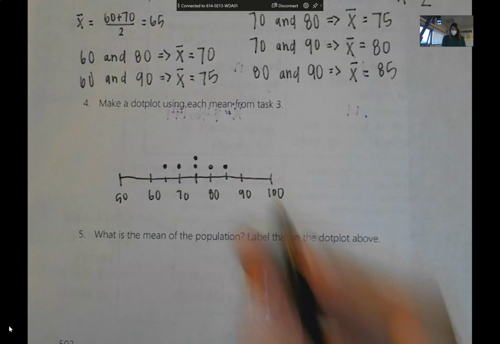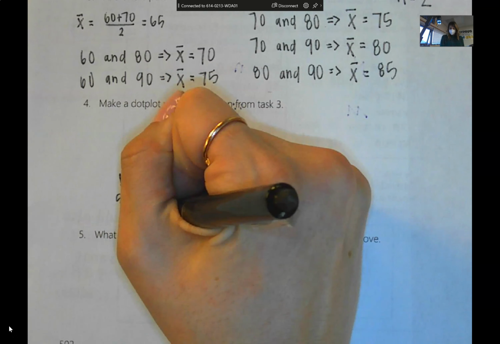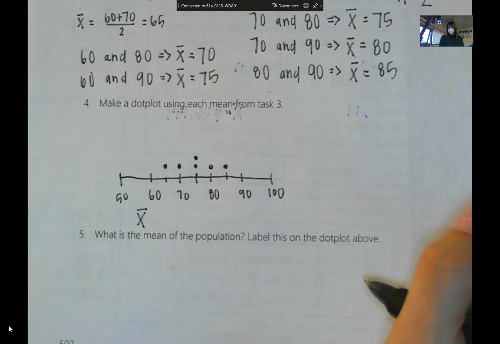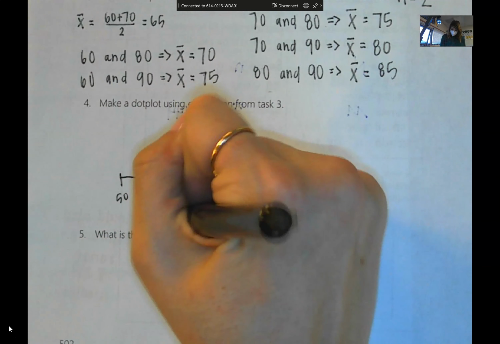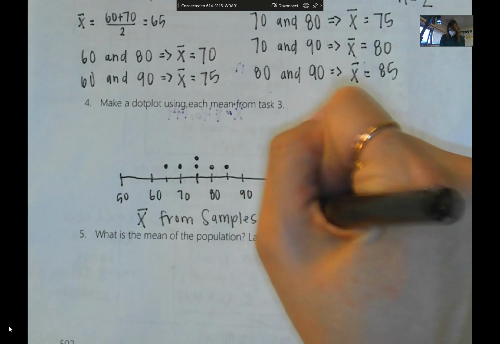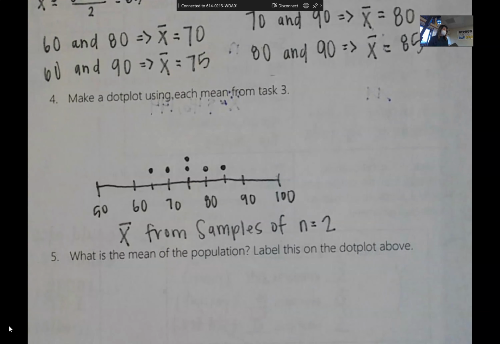Okay, so what we have here, these are all of our X bars from samples of n equals 2. So these are not actual test scores anymore. On our population distribution, what we graphed was the actual test score of each student in the class.